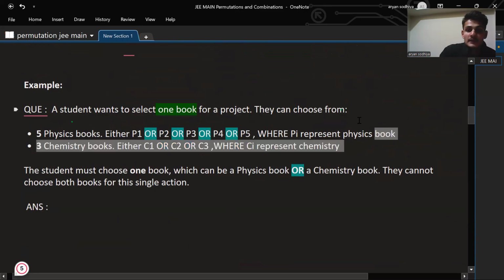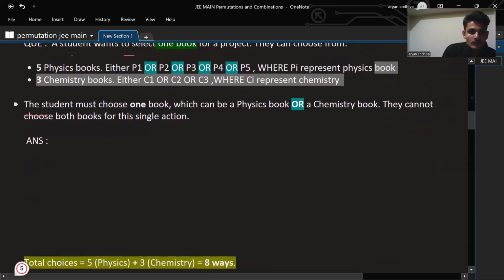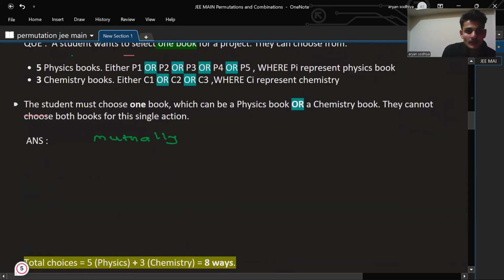So as we have discussed, two things: first is mutually exclusive and the sequential. These two things we have discussed.